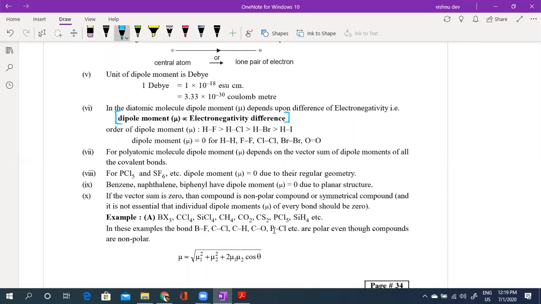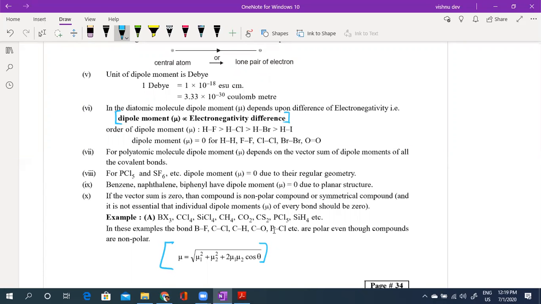Since it's a vector quantity, you cannot add the dipole moments of the molecule algebraically. You have to add them using vector addition, and we know the formula for vector addition is this. Now how can I say that a molecule will have zero dipole moment?